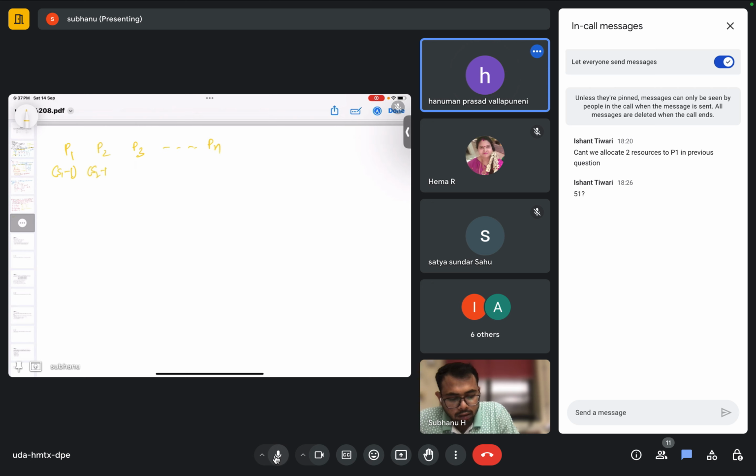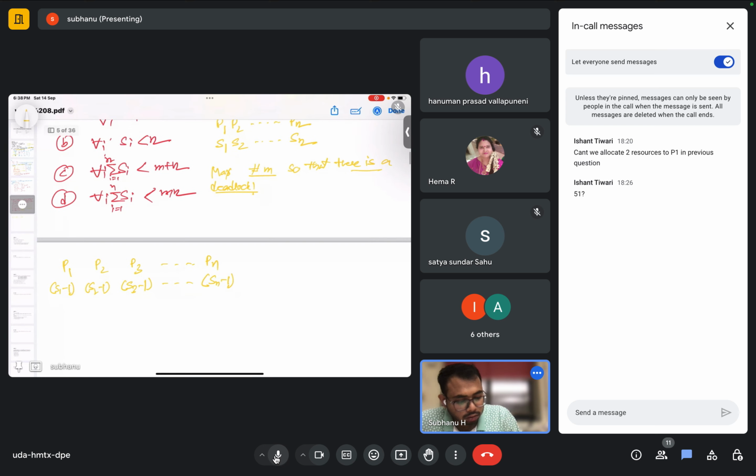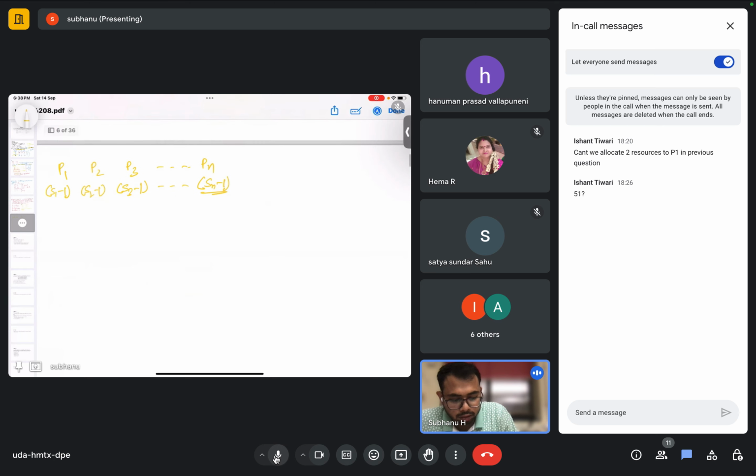You have seen earlier that if you give Si minus 1 to each process, there will be a deadlock. So what is the maximum number of m for which there is a deadlock? That is sigma Si minus n. So if m is less than or equal to sigma i equal to 1 to n of Si minus n, then there will be a deadlock.